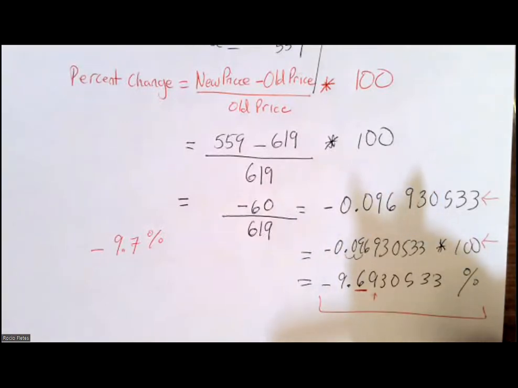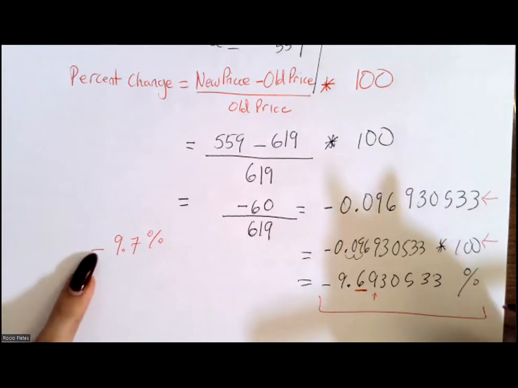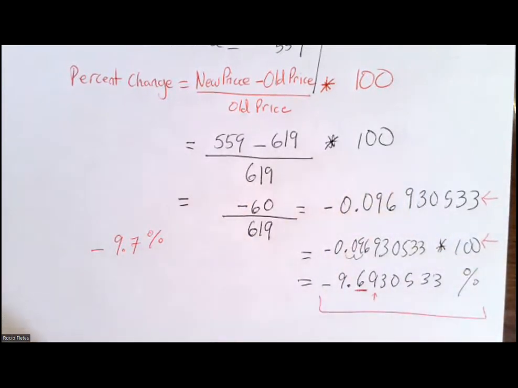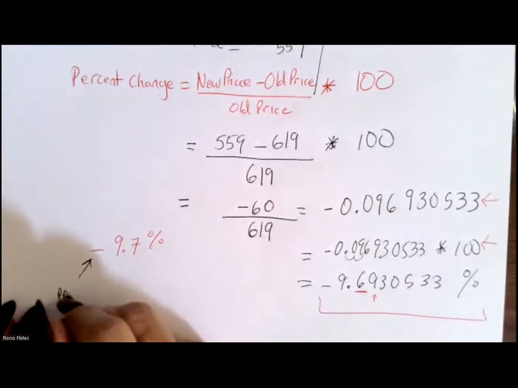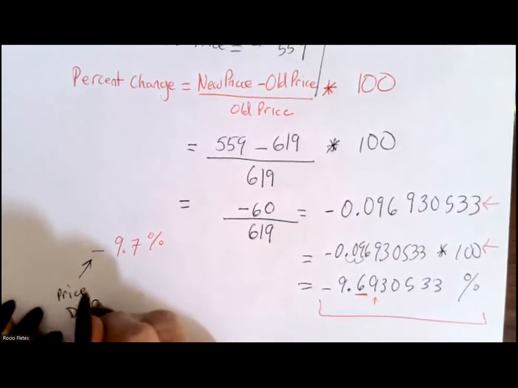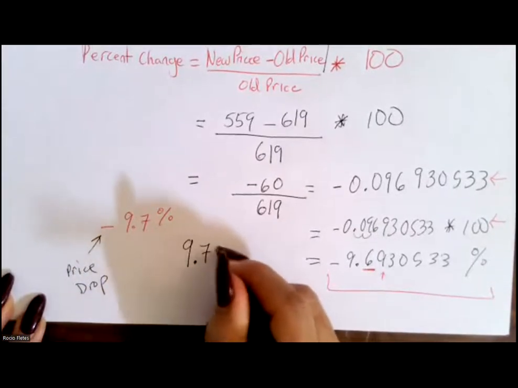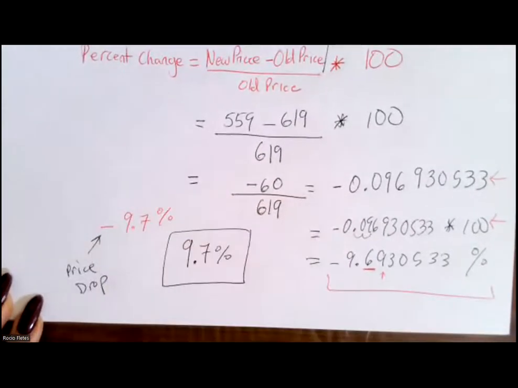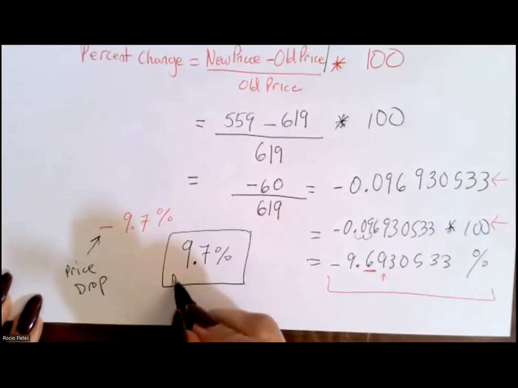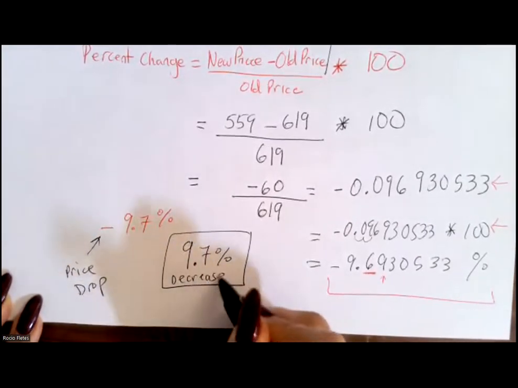So when you are determining the percent reduction, you're not gonna write it with a negative. This means that there was a price drop, right? So what you're gonna write is the decrease was 9.7%. That's the right answer.